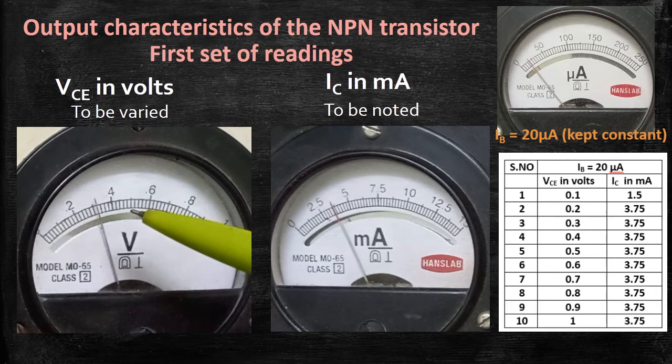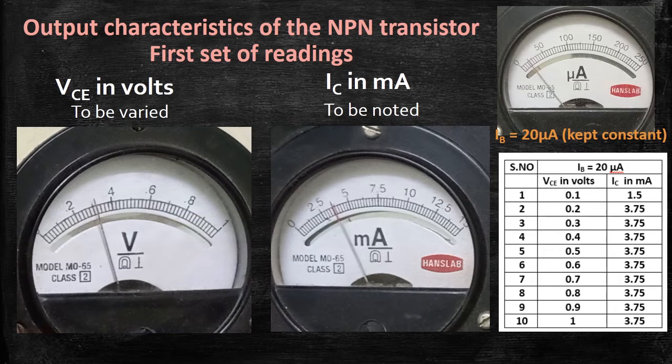Now I am going to increase the value of VCE from 0.2 to 0.3. Okay. Note down the reading. Is there any change? No change. Again it shows 3.75. Are you clear? For 0.3 also, the value of IC is 3.75. Now I am increasing the value of VCE from 0.3 to 0.4.